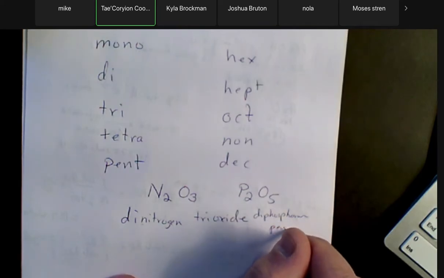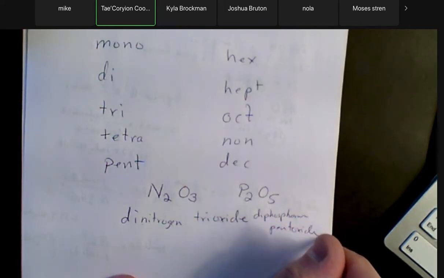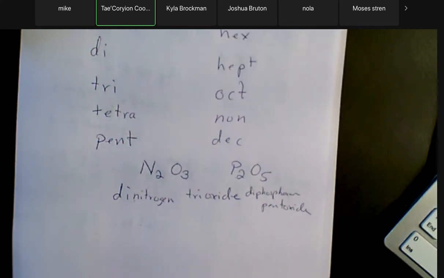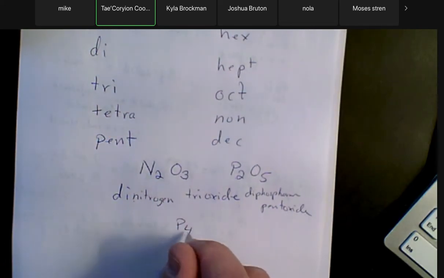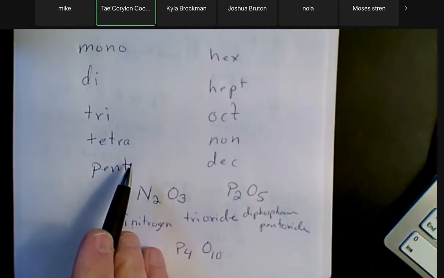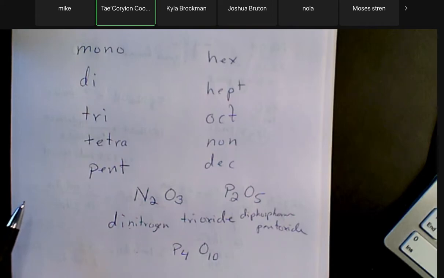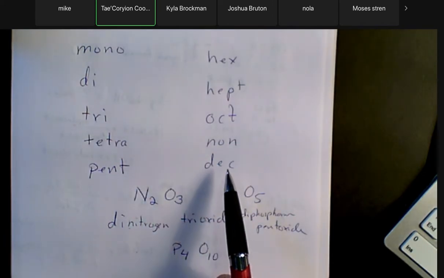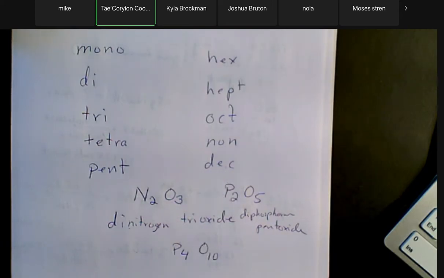You can even get crazy, you can get big sometimes, like the prefix for 4 was what? Tetra. So tetraphosphorus decoxide. Okay, so in other words, you just use the prefixes to tell you how many atoms.